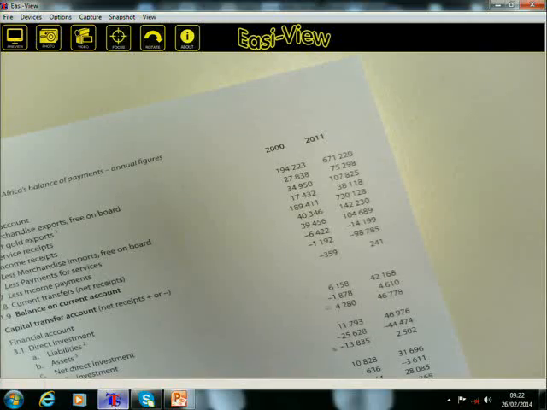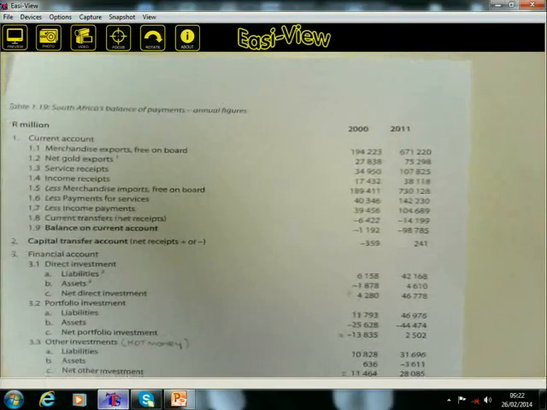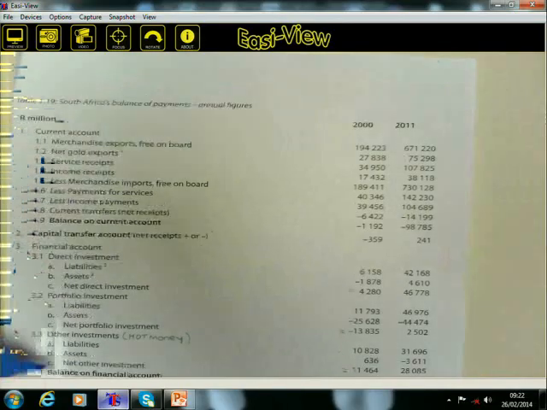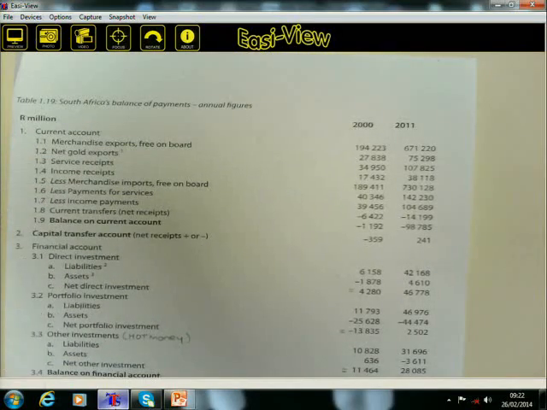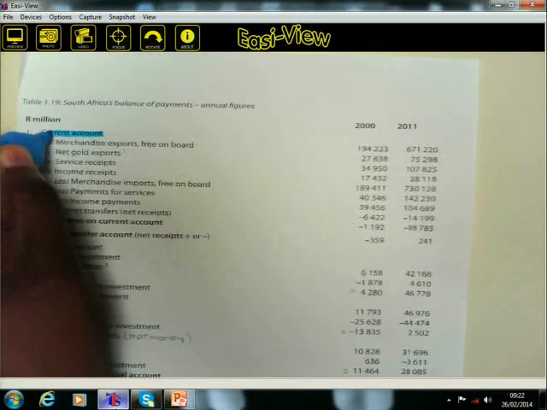So let us quickly look at our example here. This is an example of how a balance of payments looks. This is a composition of the accounts found in our balance of payment. Like I have said, we have a current account.